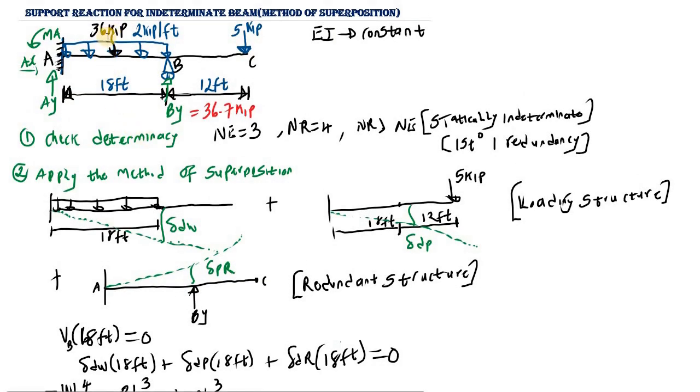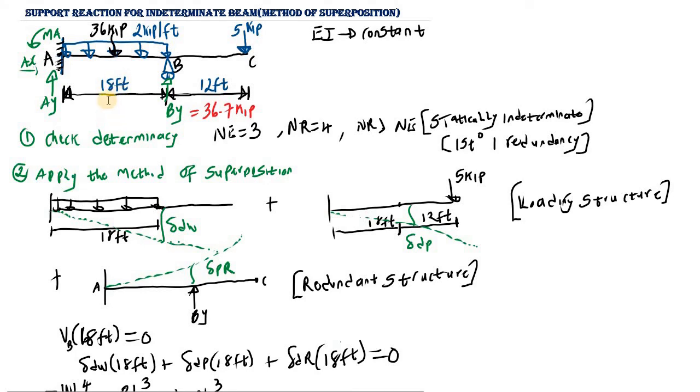Then also, as you can see, we have a force of 36 kip acting downward. If we apply this downward relative to the fixed support at point A, it's going to try to rotate the beam in the clockwise direction. So we're going to have a negative value, and the distance is basically half of 18 feet, which gives us 9 feet.